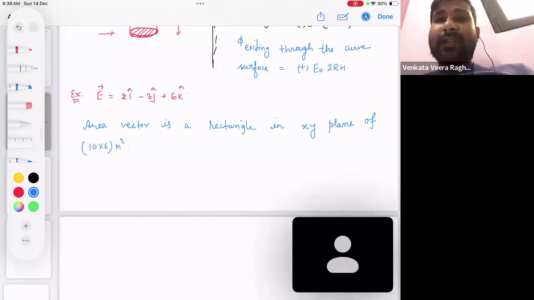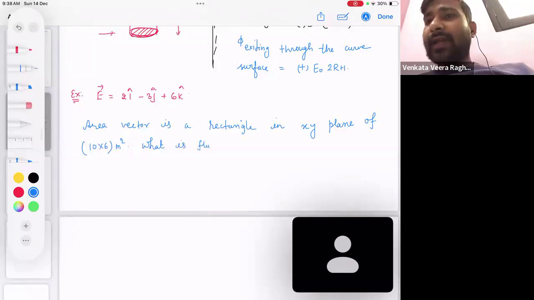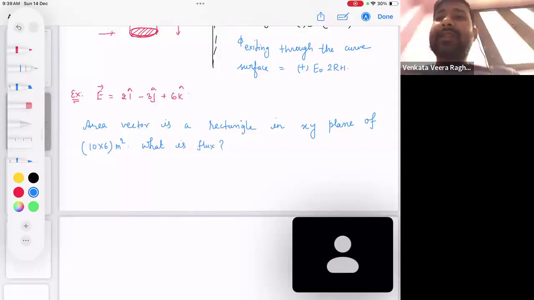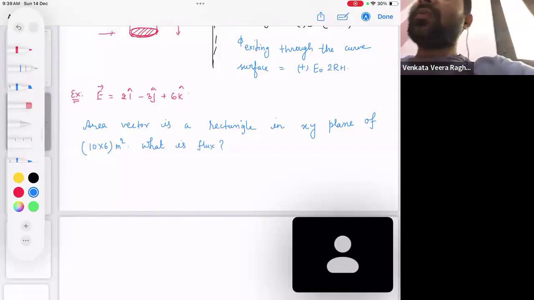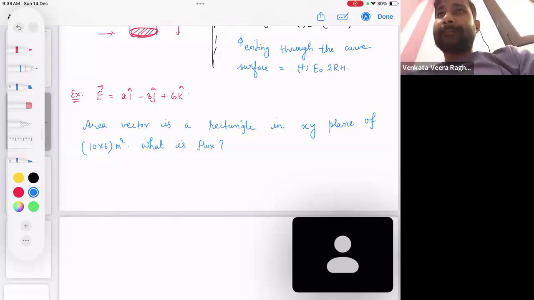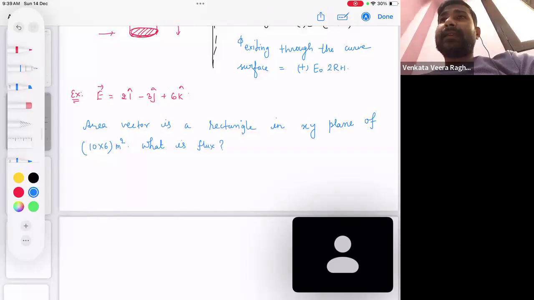What does it mean? Tell me. What is the flux they are asking in the question? Tell me, what does it mean by area vector is in the xy plane? If you have a rectangle in the xy plane, what will be the area vector of that rectangular plane?